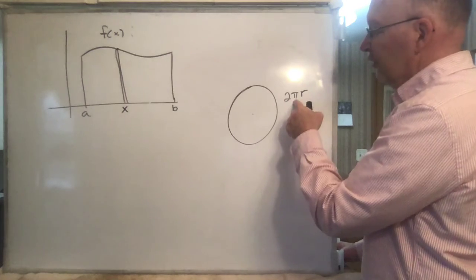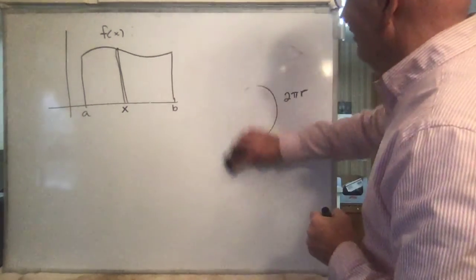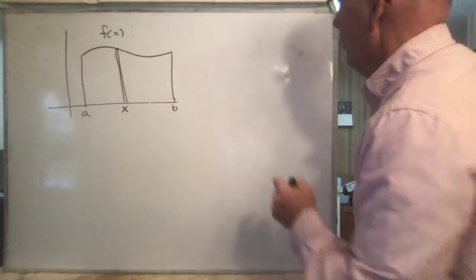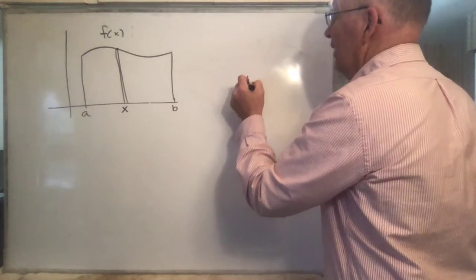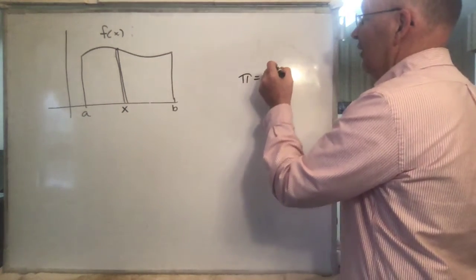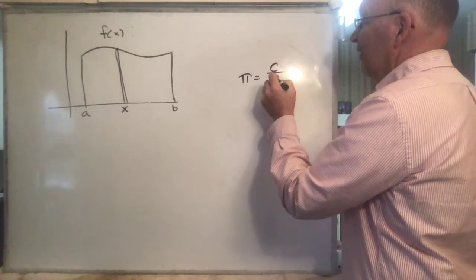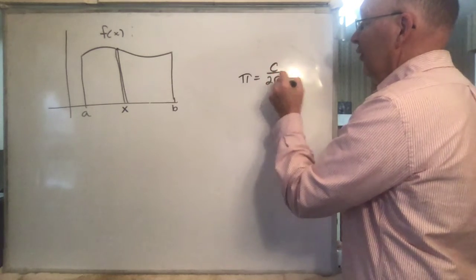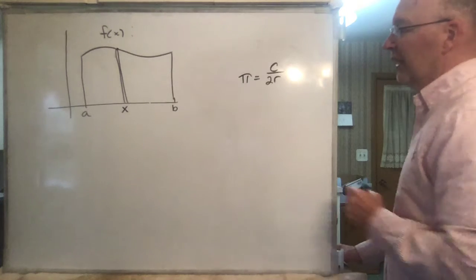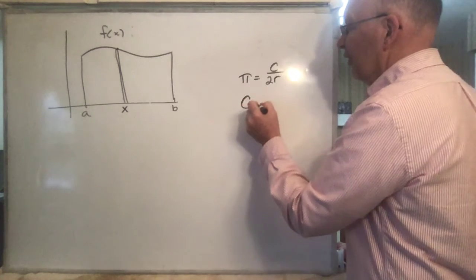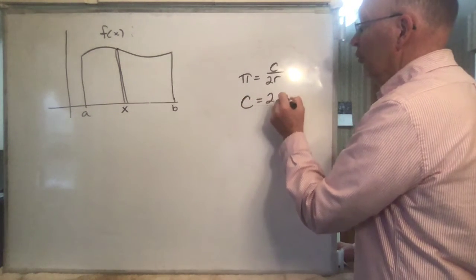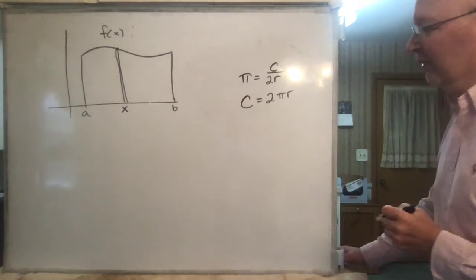So there's your circumference of a circle. Let's just start at the very beginning. Pi is by definition the circumference of a circle divided by its diameter, and the diameter is twice the radius. So that's the definition of pi, and so the circumference of a circle is 2 pi r. Okay, so there's the circumference of a circle.